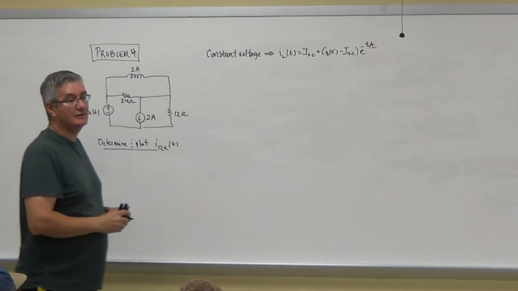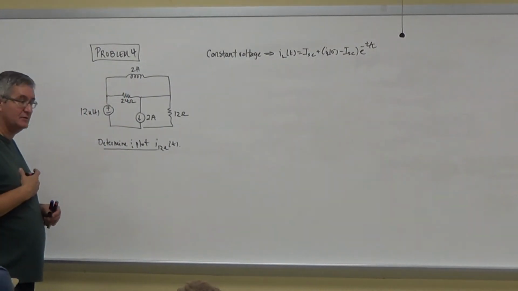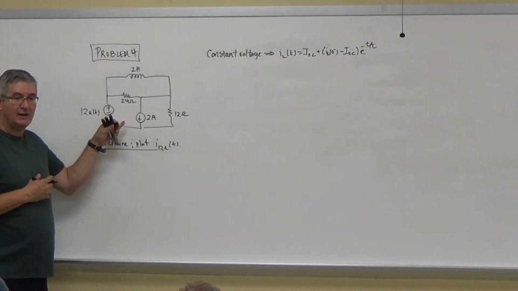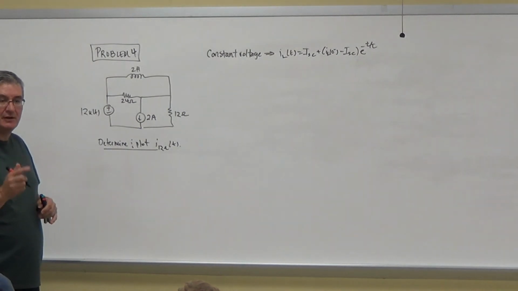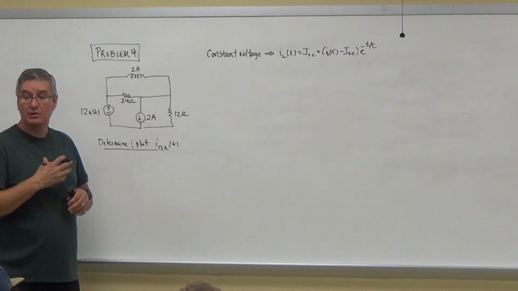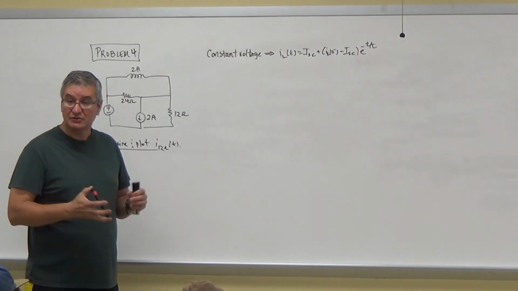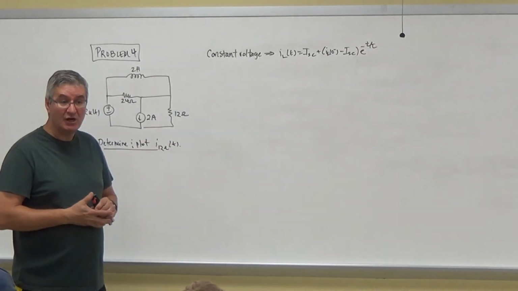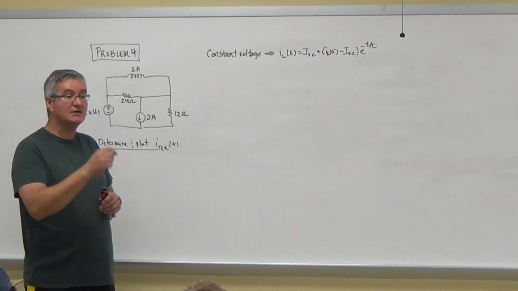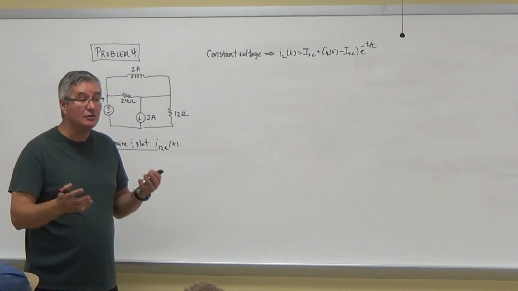It is to my benefit to write this as a source transformation where I have a current source parallel to a resistor and an inductor. If I gave you a capacitor circuit, your job is to get it into Thevenin form. So try to source transform the hell out of that thing to make it easier on you.